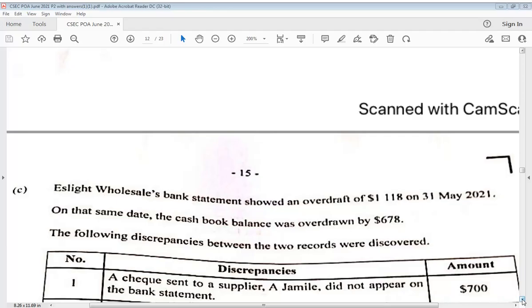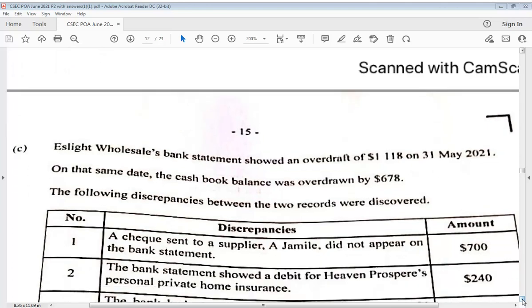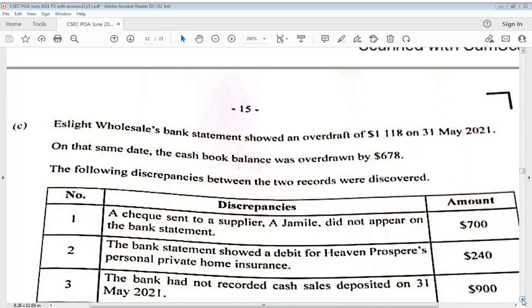Hear what they say. On that same day, the cash book balance was overdrawn by $678. The following discrepancies between the two records were discovered. On the first one, a check sent to a supplier, A. Jamili, did not appear on the bank statement, $700.